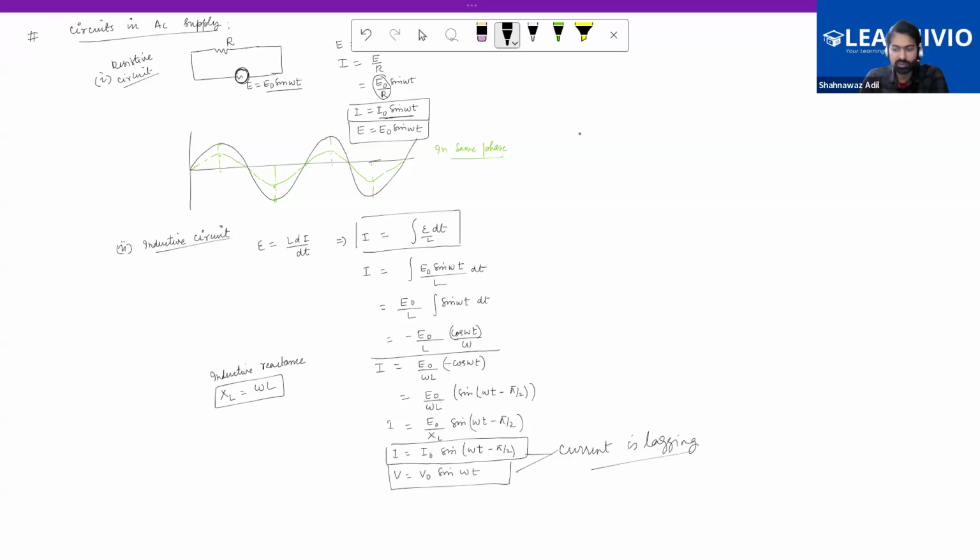Alia, did you note down this part? Okay, so we'll stop. If you have noted, then see you in the next class. Allah Hafiz, Alia. See you in the next class.